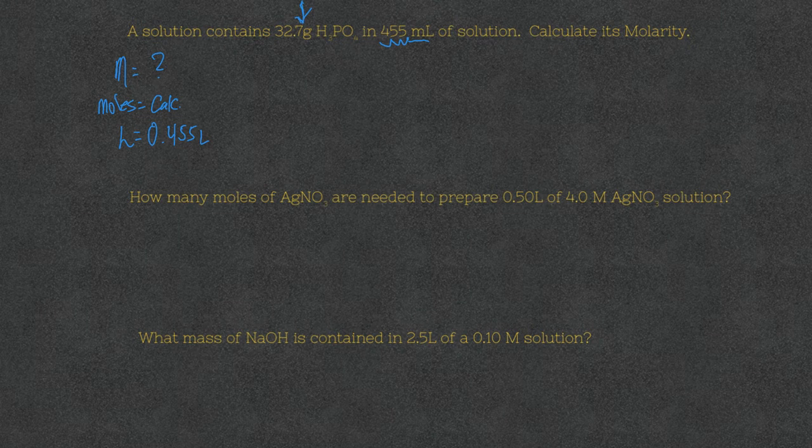Now I'm going to calculate my moles so I can plug it into my formula. Again, my master formula is molarity equals moles of the solute divided by the liters of the solution. So my starting point, 32.7 grams of H3PO4. And I'm going to put that into dimensional analysis. Since grams are on top of that first dimension, grams go down here, H3PO4.